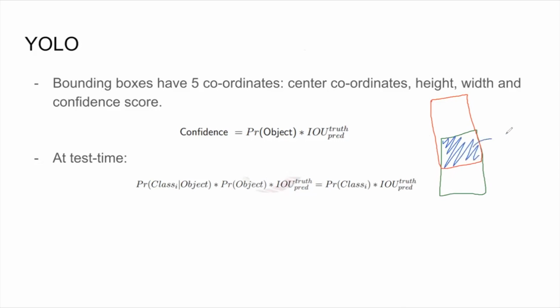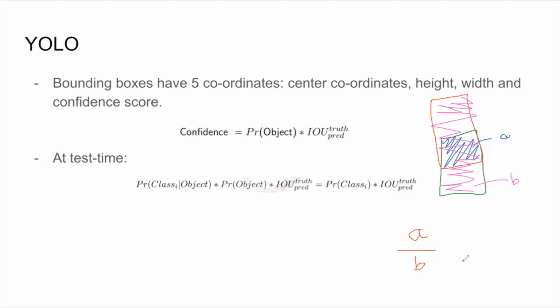Let's name it A. And you take everything else that is there, so just like the union of the two. Let's say this is B. The IOU would be A by B, the intersection over union.